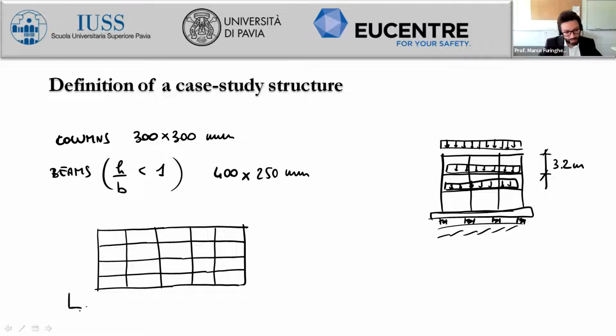Let's consider this is the X and Y reference system. With this definition of the flooring system, this is a single resistance flooring system, which means that the largest amount of external loads is applied to the X spans, whereas a very limited value of external load is applied to the Y direction for all the beams, because we assume the same principle for all the regions of our floor.